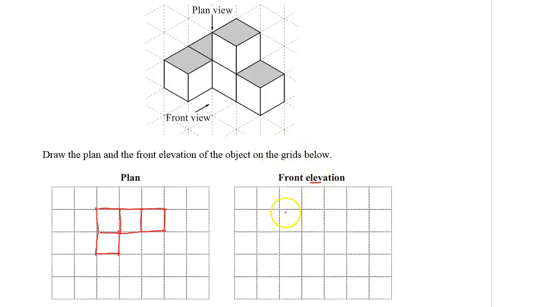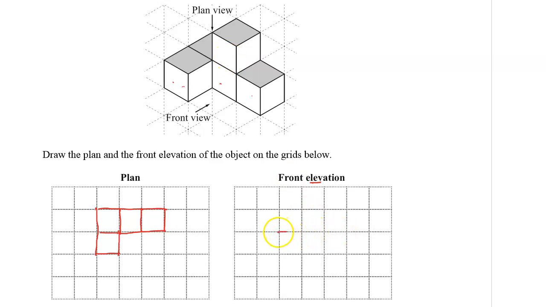The front elevation of the object will look like this. This one sits on this one. From the front, you'll be seeing 3 cubes, 1, 2, 3, and then this one which is up there.